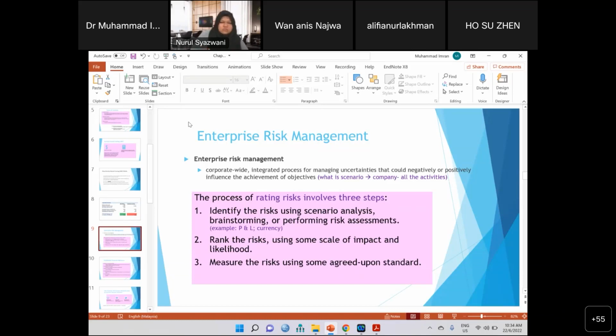How about ERM, meaning enterprise risk management? It is being adopted because of the increasing amount of environmental uncertainties, which we covered in our last chapters, external environment and internal environment. A huge amount of environmental uncertainty can affect the entire firm, entire company, entire corporation.